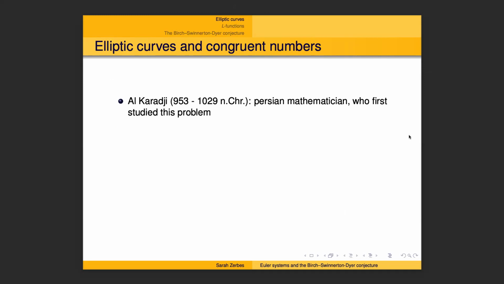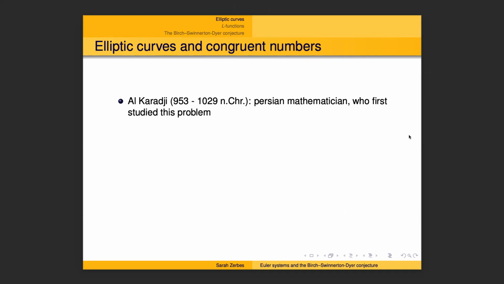So this question of congruent numbers was first studied by the Persian mathematician Al-Karaji, who lived about 1,000 years ago. He made tables of congruent numbers, which one can find pictures of on the internet.